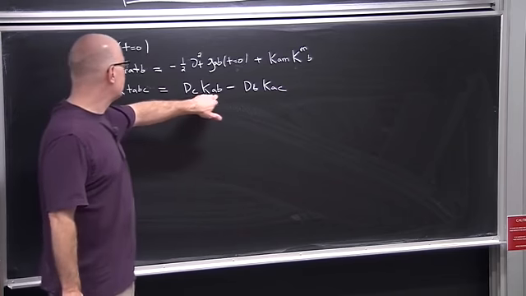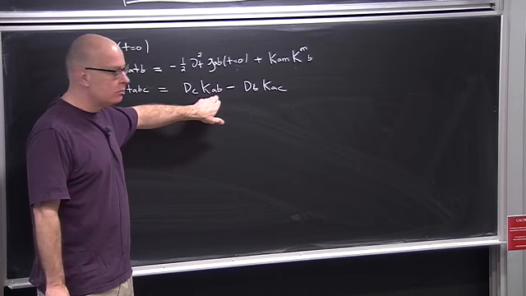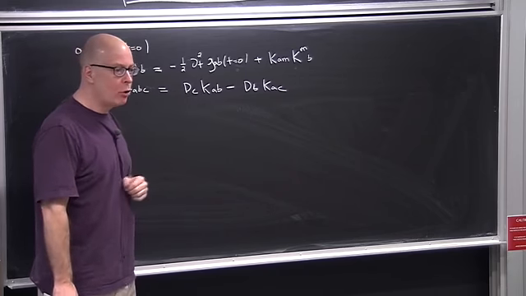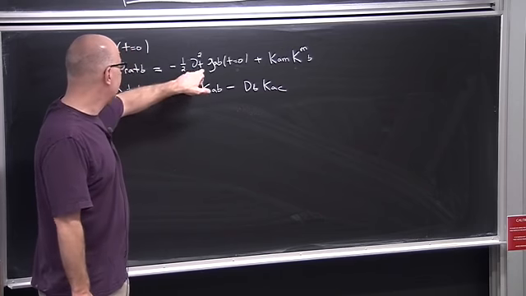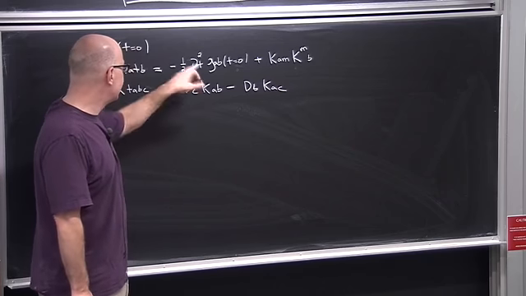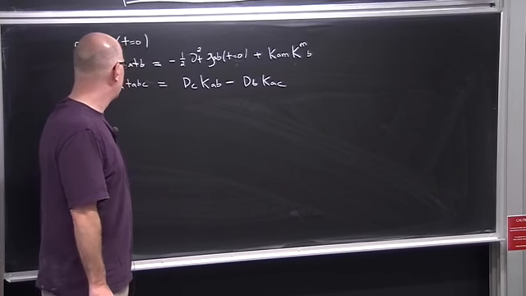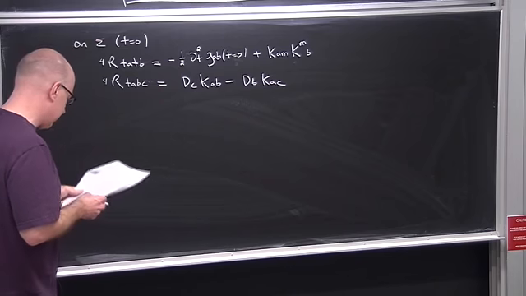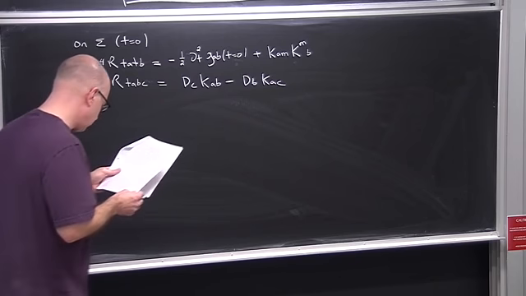So if this is a tensor, as I claim, these also are tensors. So this is a purely tensorial quantity on the hypersurface. This, well, it's not clear whether it's a tensor or not on the hypersurface because of that second time derivative. But this clearly is a tensor on the hypersurface.